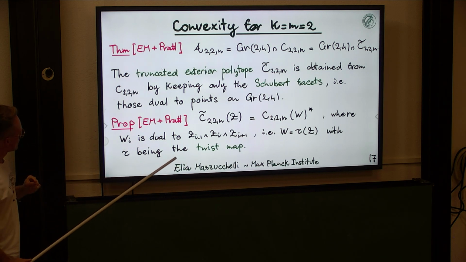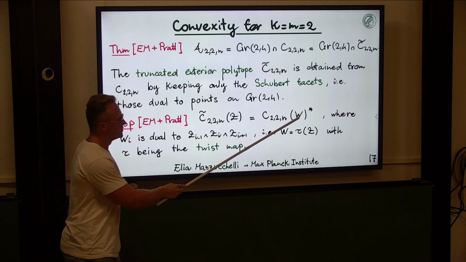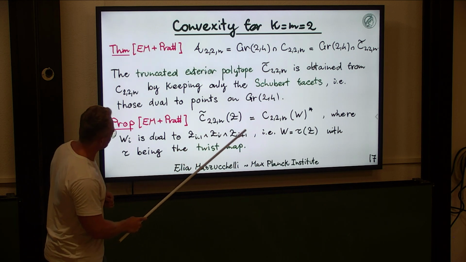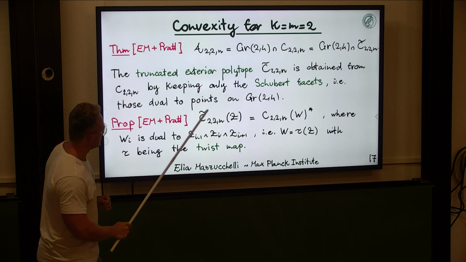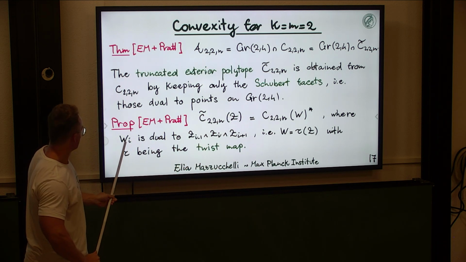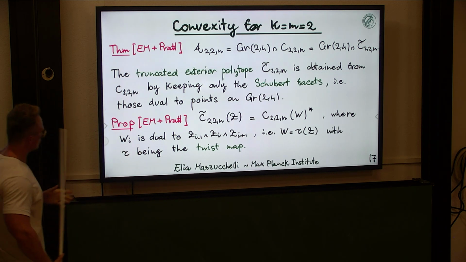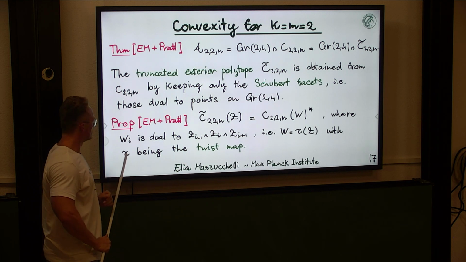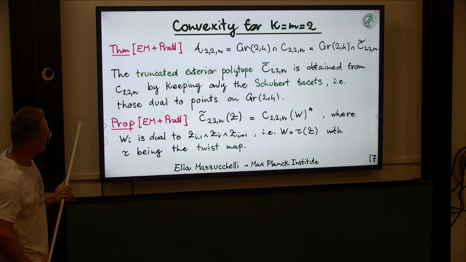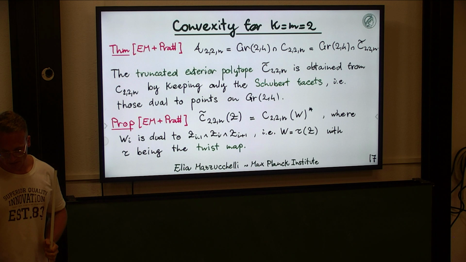In our setting, it allows us to construct a new positive matrix W from the positive matrix Z by taking this triple wedge product of the neighboring columns of Z and then associating it to a vector in 4 dimensions. And one can show, they showed in the original paper I think, that this map maps positive matrices to positive matrices. And we could argue that the C tilde polytope is really equal to the dual of C.